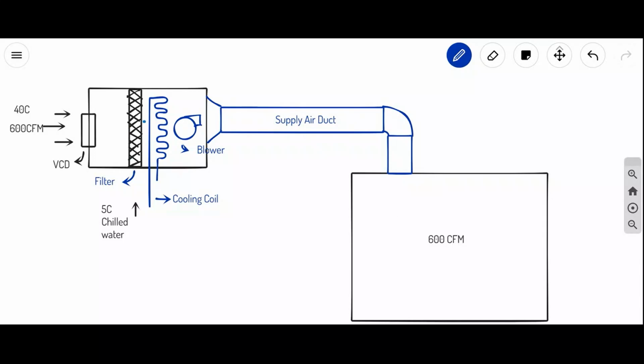After filtering, what we are doing, we are cooling. After cooling, we are throwing the air from here to here by using the duct. So basically, how are ducts made, anyone have idea?